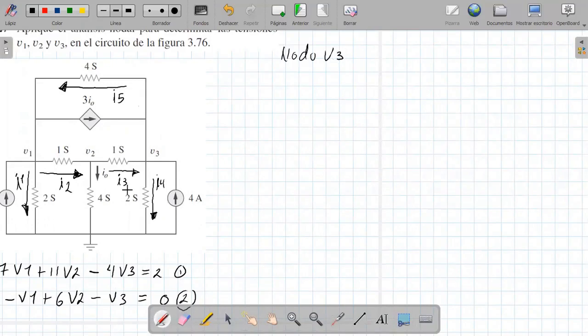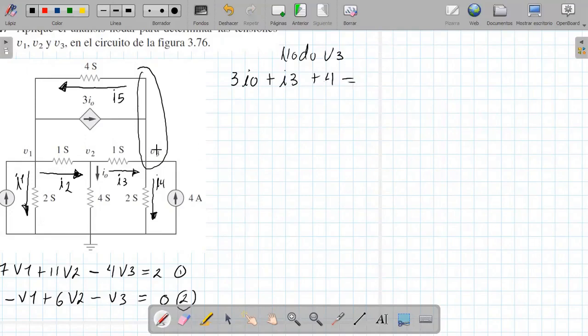So, in node V3, let's go out, that would be all this that is here. We look at what comes in, as well as what comes out. What comes in on this side would be the i0 plus the I3 plus the 4 amperes. It would be equal to what comes out.